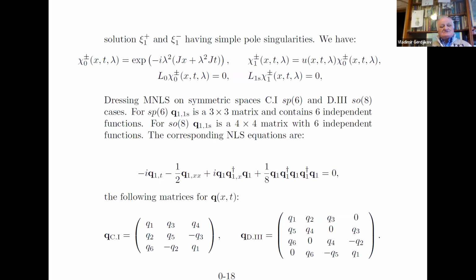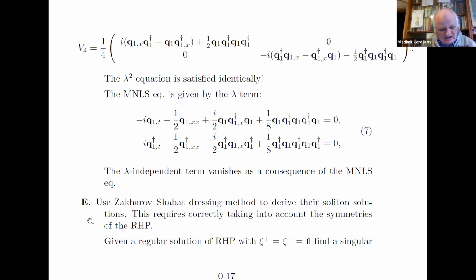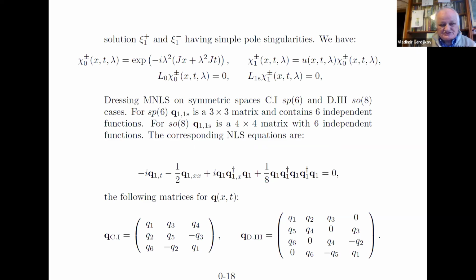So, since we have canonical normalization, for lambda going to infinity, xi plus and xi minus tend to 1. And obviously, we can pick xi plus and xi minus equal to 1 as the simplest possible regular solution. Obviously, this is unique due to the canonical normalization.